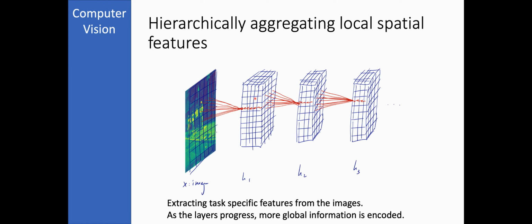So as I go through the layers, I aggregate local statistics. The first level representation only represents a certain area in this image. That representation is then used to create another representation that has access to a larger area in the image, and so on. As the layers progress, more global information is encoded in these representations.